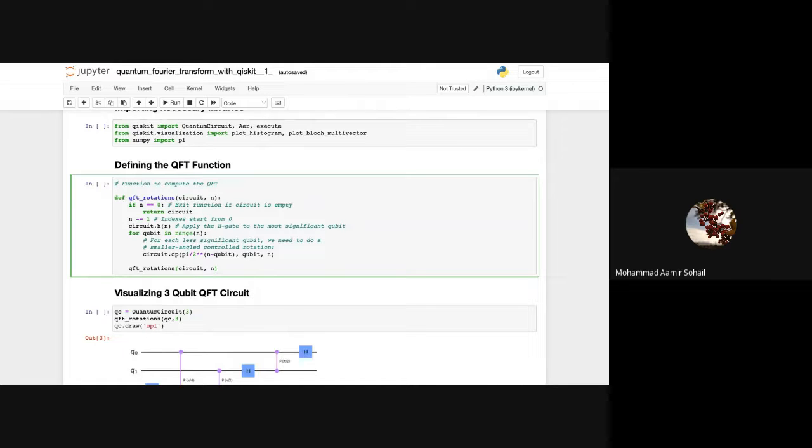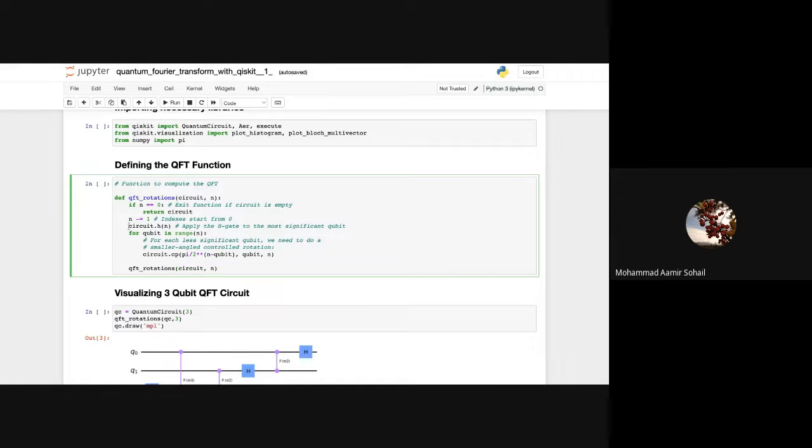From the circuit, if we recall, we have the Hadamard, and then we have the controlled rotations sequentially up to the n qubits. For the first block, we have the Hadamard on the first qubit, and then the controlled rotation with the control on the second qubit, then the controlled rotation with the control on the third qubit, up to n minus 1 times, where the target is x1 and the control is on xn.